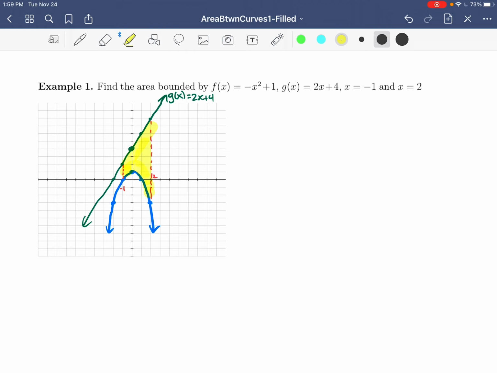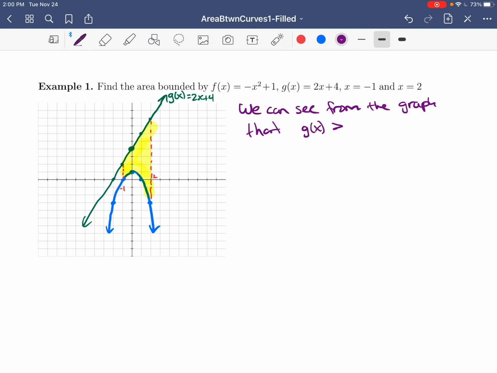It does go a little bit below, so f of x is a little bit below the x-axis. Here we can see from the graph that g of x is bigger than f of x on the entire negative 1 to 2 interval.